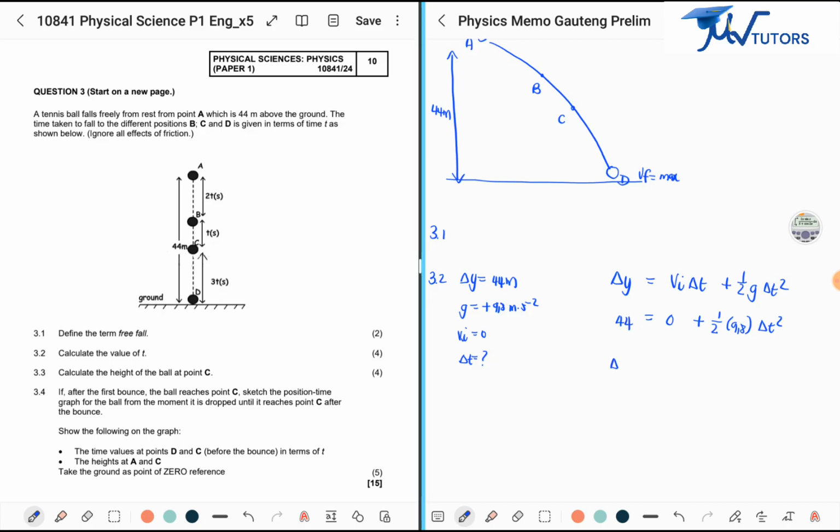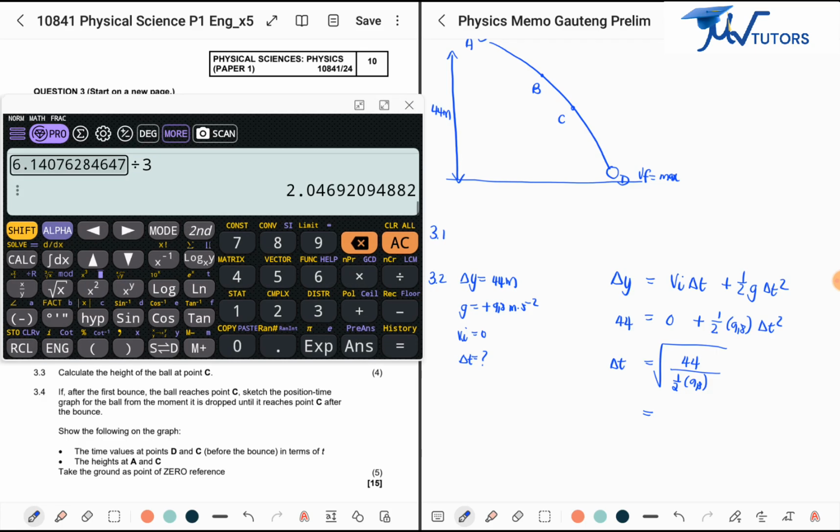So basically delta t, if we do some mathematics gymnastics, is the square root of 44 divided by a half times 9.8. We're only taking the positive because we're not dealing with negative time over here. So in there we have 44 divided by a half times 9.8.